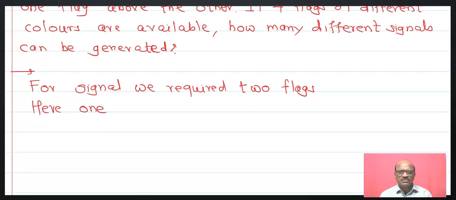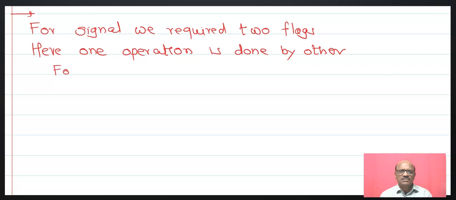Here one operation is done after the other. It means the first operation is done, and after the first operation, we take the second operation.